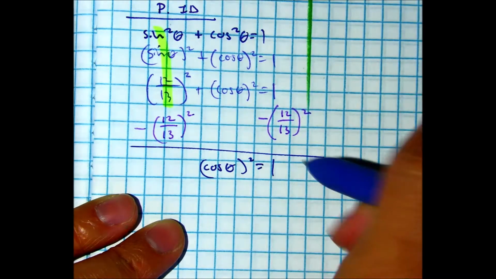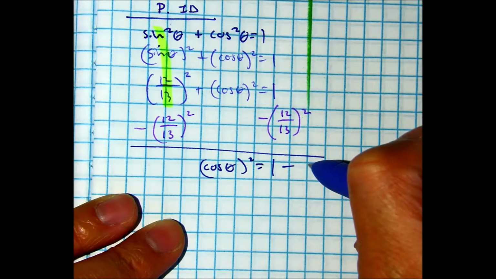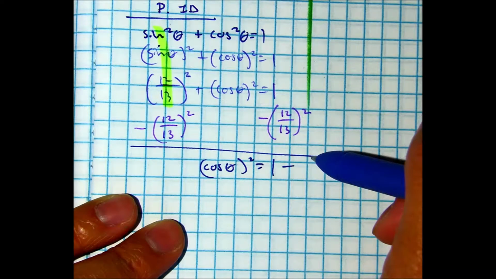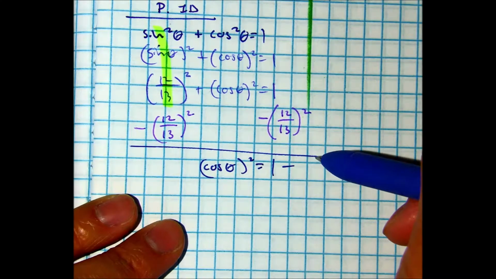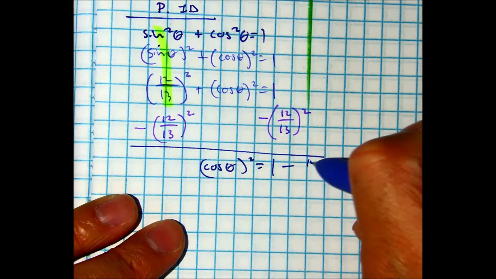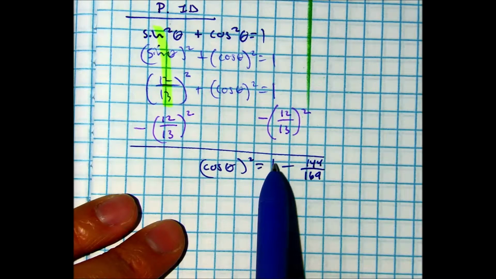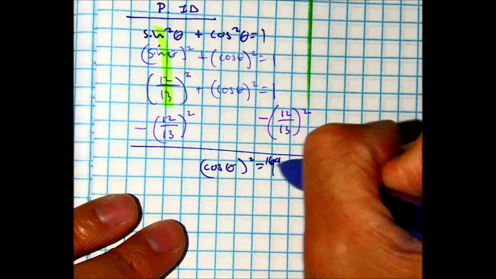And what is 12 over 13 squared? It's 144 over 169. There you go. And Aaron, what do you think the 1 is going to turn into? Common denominator. Correct. What is that going to be? 169 over 169. Correct.